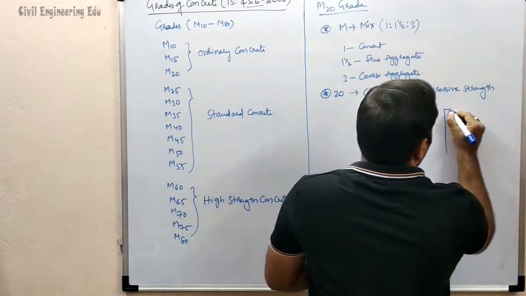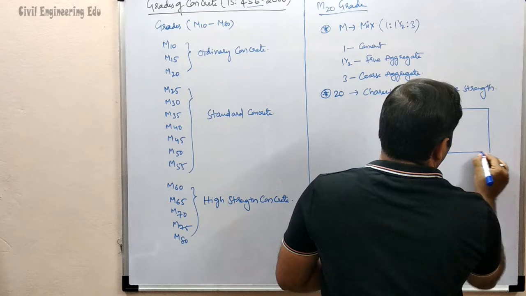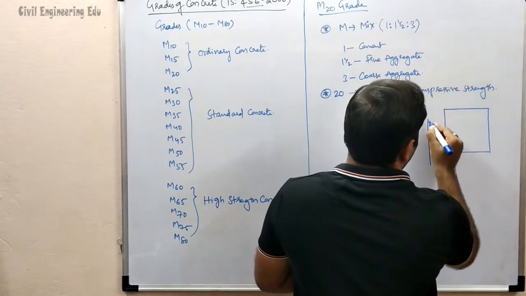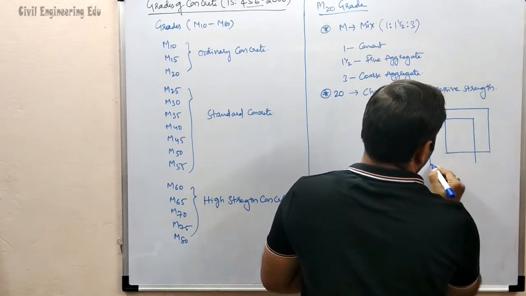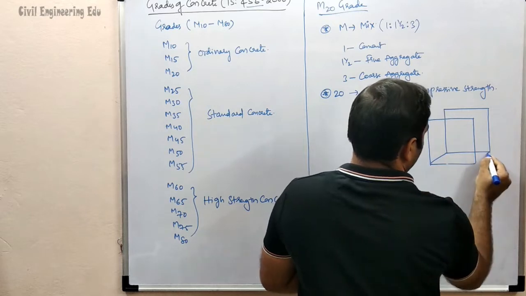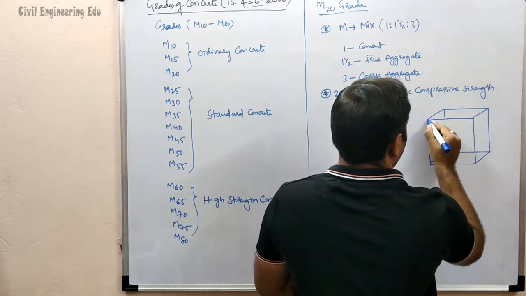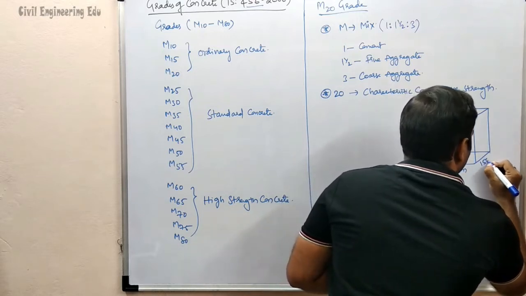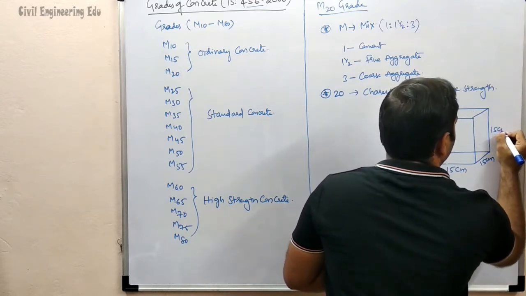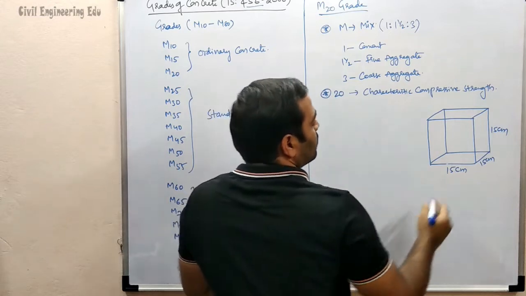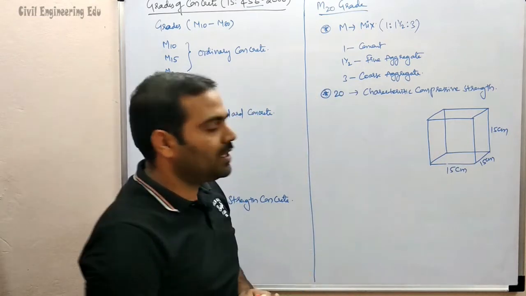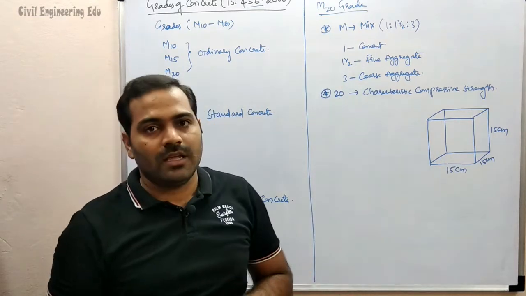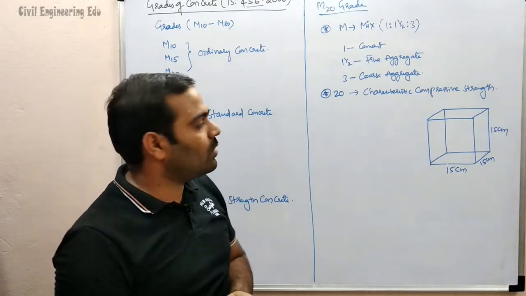So this is the cube of size 15 centimeters. So this is a cube of concrete of any grade. It may be M15, M20, M25, whatever it may be.